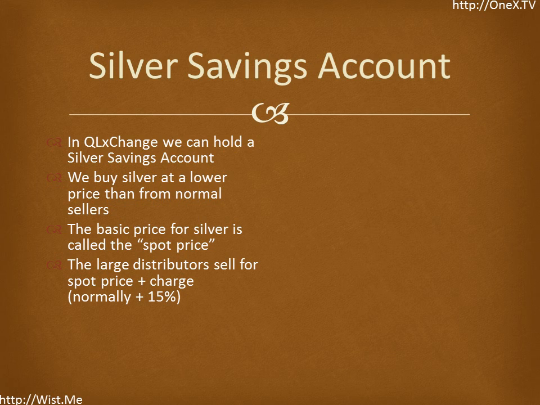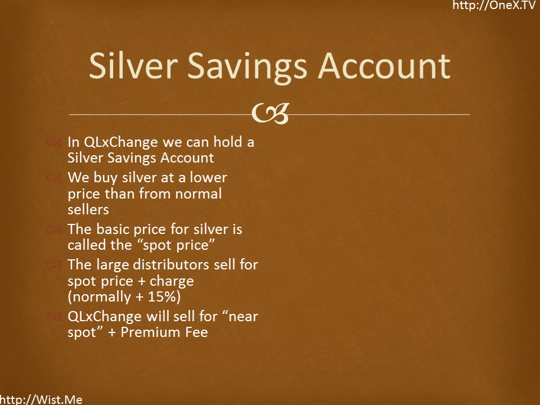And most countries in the world are using fiat currency. It has no value, as opposed to precious metals like silver and gold. That is real money. It has value. Now, what we do in QLxChange, we change our fiat money into real money like silver.